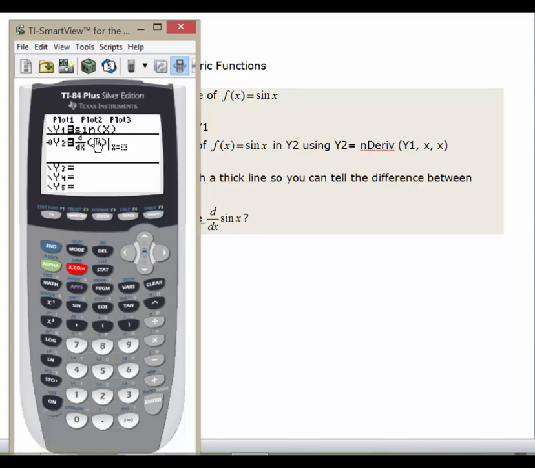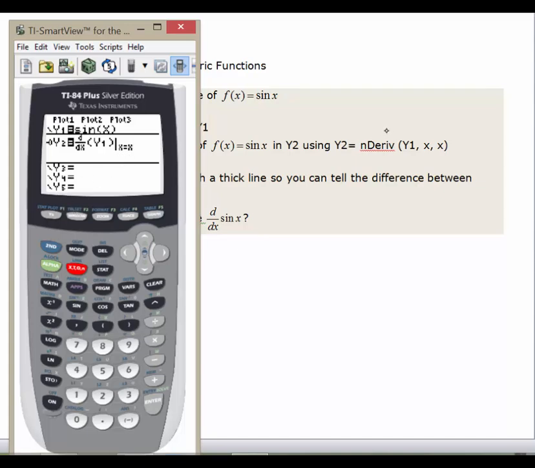Now, you can just type sine x in here if you want, or because it's not that hard to type in, or we can go to the vars menu and go y vars, function, y1, and then instead of taking the derivative at a specific value, we want to take the derivative of x with respect to x for all x. So we let x equal x.